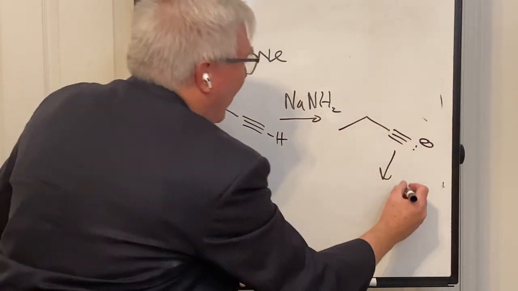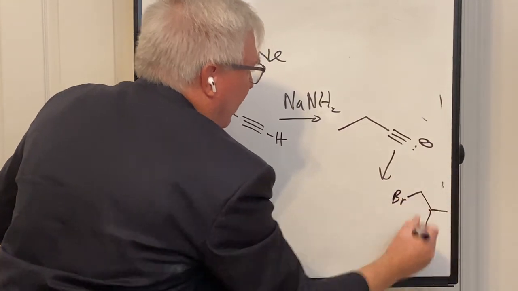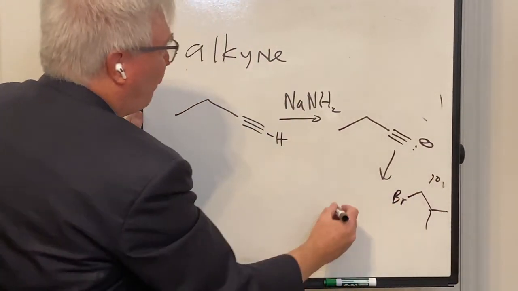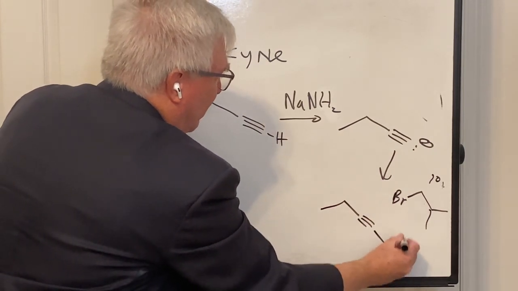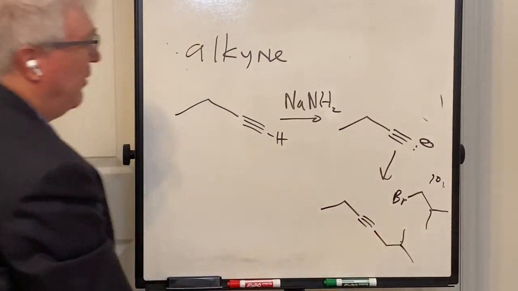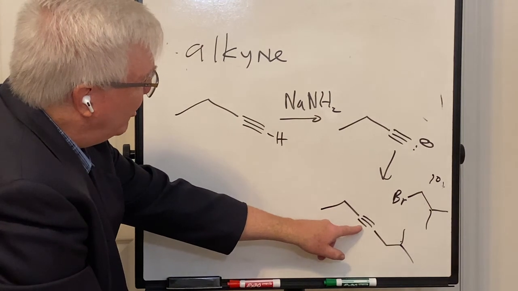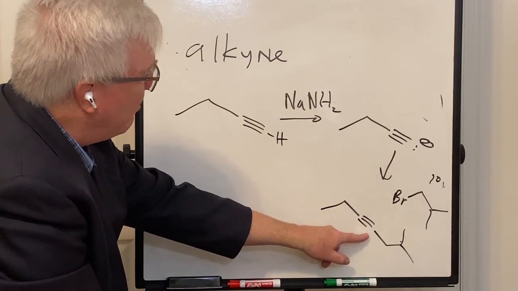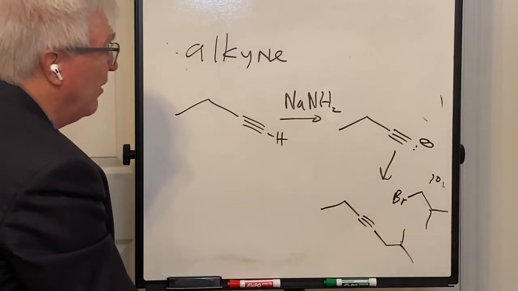Let's react it with this bromide. Yeah, it's a primary bromide. And so what are we going to get there? We'll get the acetylene now at the internal position and this isobutyl group on that position. Okay. Now, if we did the hydration or the hydroboration of this internal alkyne, we get a mixture of different ketones at that spot because the 2 alkyl groups are different now.